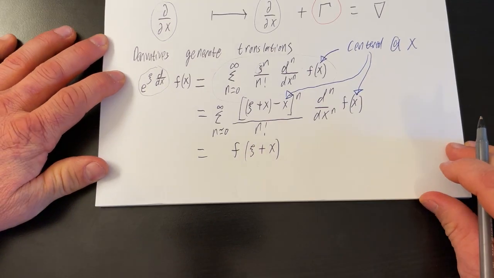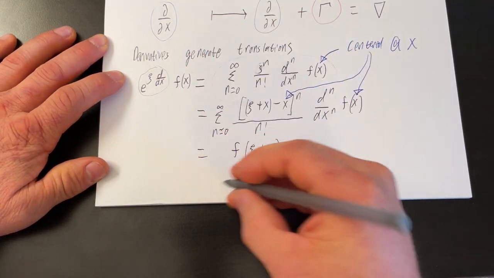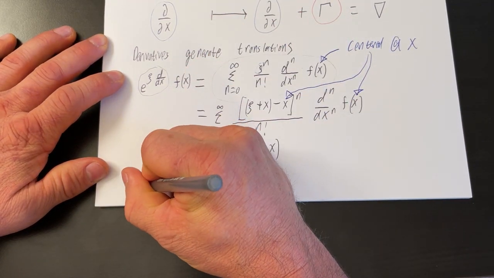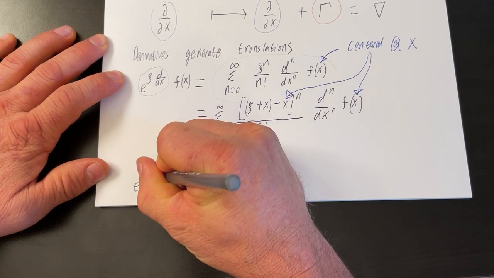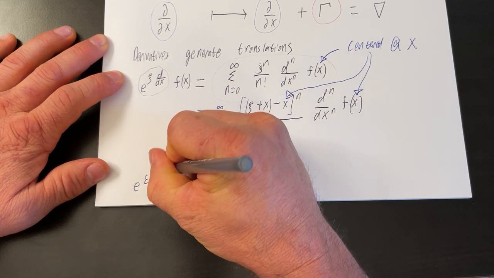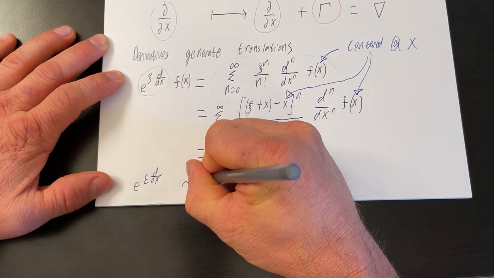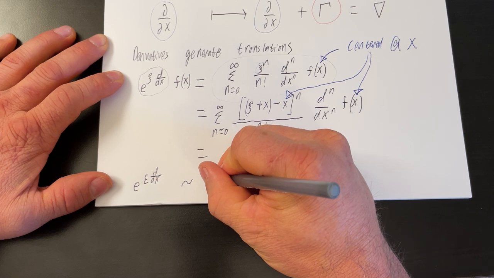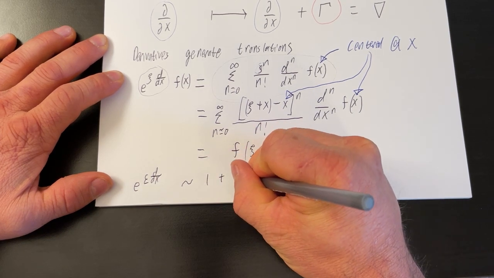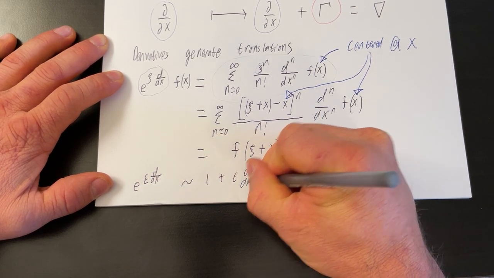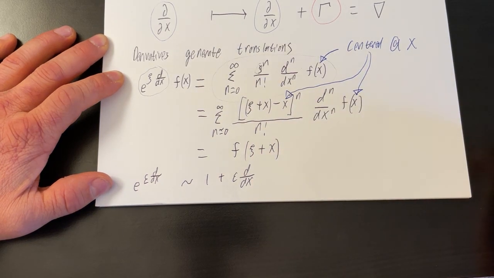Before I flip the page, I'll just address this word generate. If we have a small parameter epsilon up here, then this is approximately 1 plus epsilon d dx, right? And we ignore the epsilon squared, epsilon third terms.